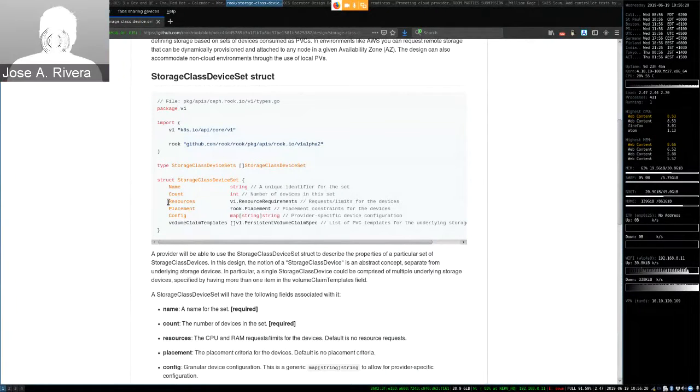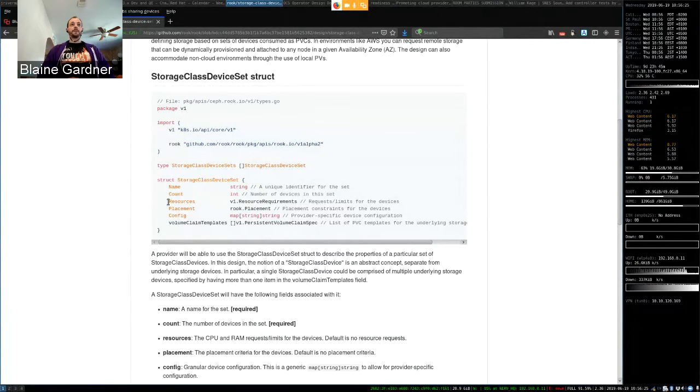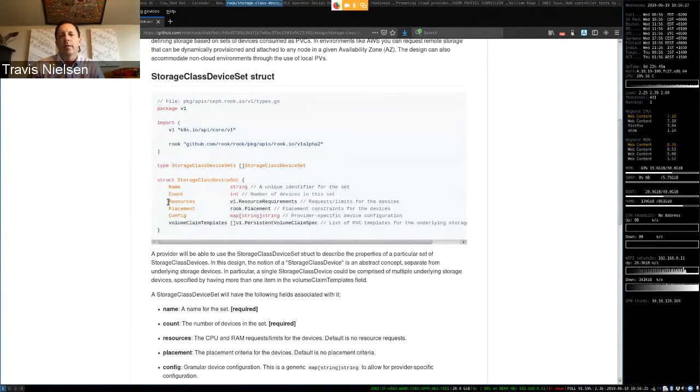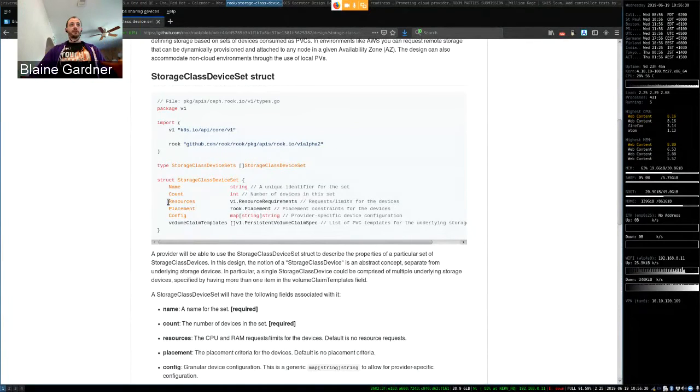We have a granularity of the node level for physical devices, and so this is introducing a new specification for devices, which also includes CPU and RAM resources, which means that whenever this is implemented, those overrides will go down to the disk level, but only for this specific usage, only for the storage class device sets.